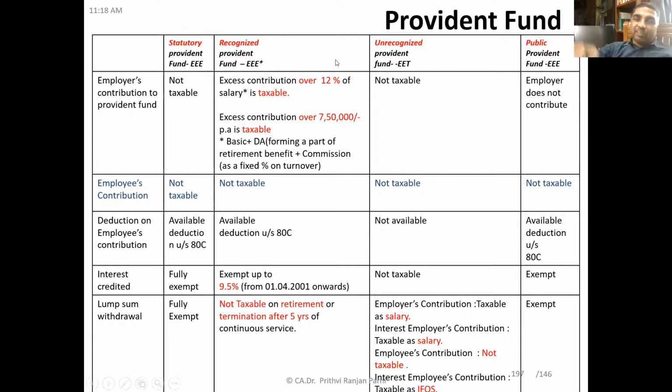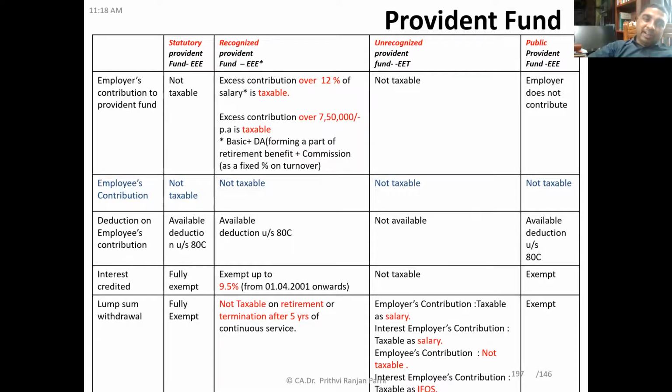Recognized provident fund means a provident fund recognized by the Commissioner of Income Tax. Unrecognized provident fund is neither a statutory provident fund nor recognized by the Income Tax Commissioner, but is still a provident fund maintained by the entity. The fourth kind is the PPF, or Public Provident Fund, which can be opened in a bank or a post office.